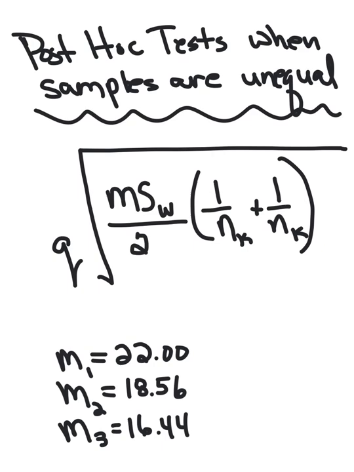So I've provided three sample means at the bottom here, if you'll notice. Mean of 1 equals 22, mean of 2 equals 18.56, and mean of 3 equals 16.44.